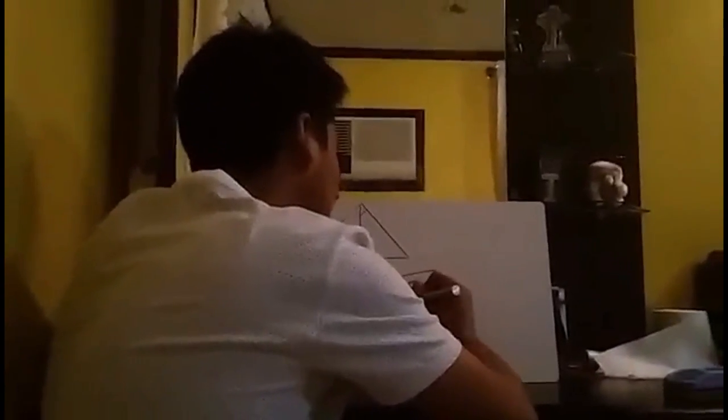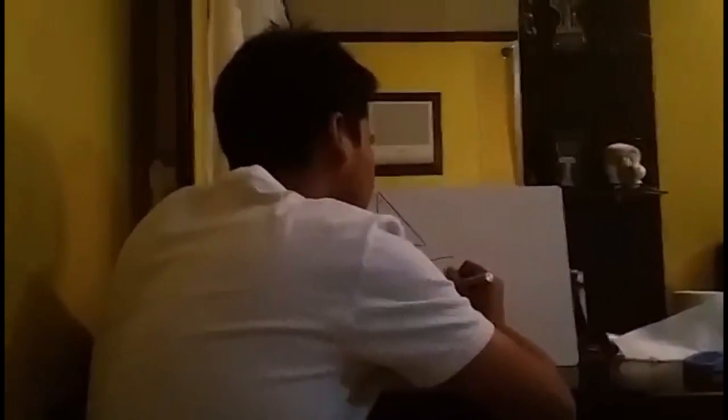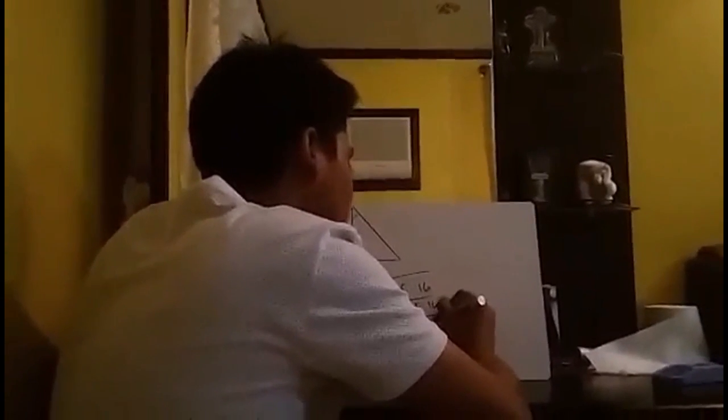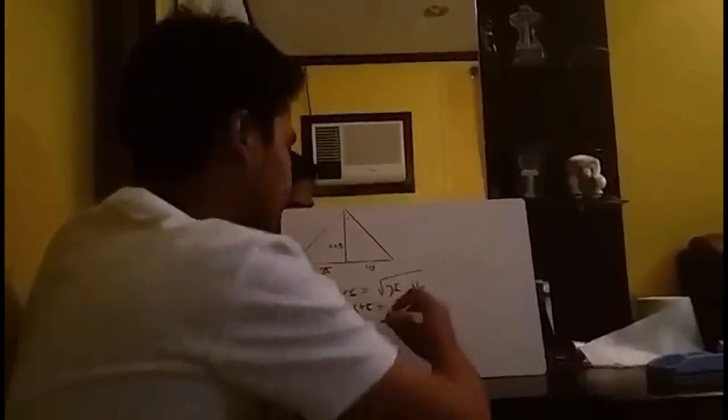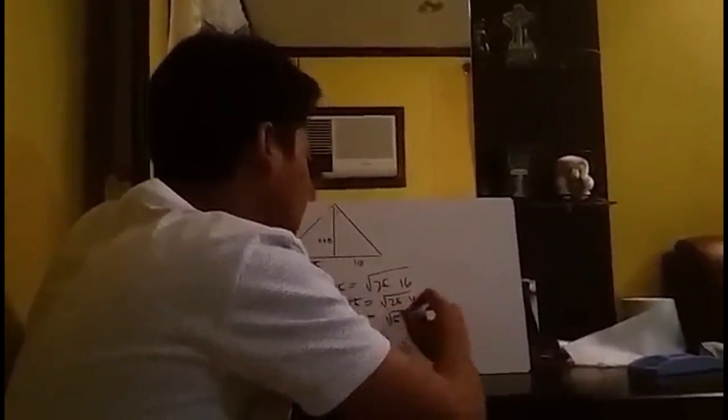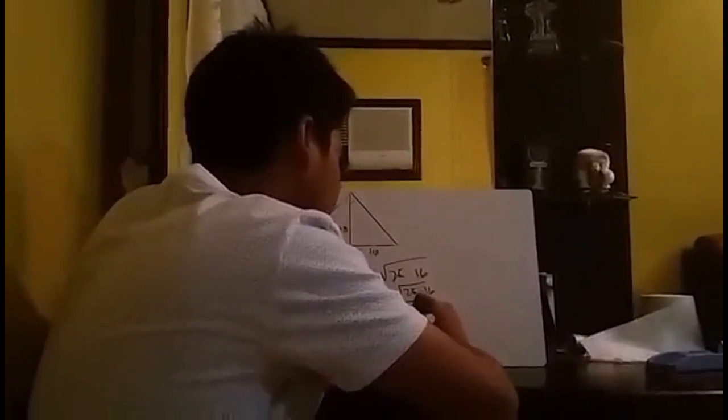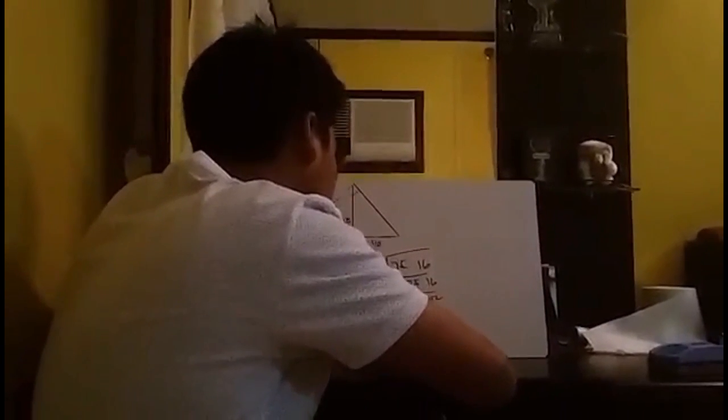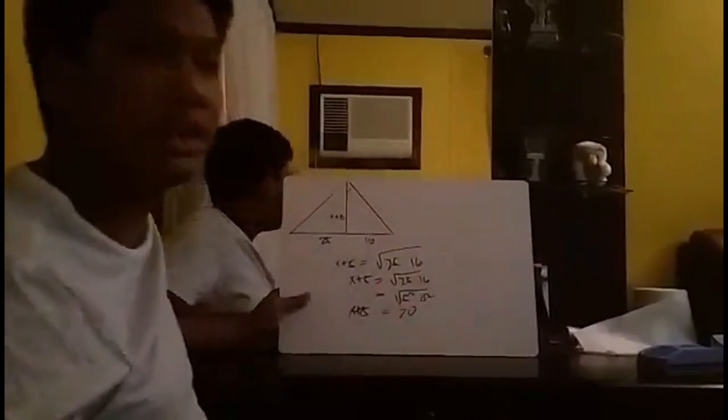X plus 5 is equal to the square root of 25 times 16, which is equal to 5 squared times 4 squared, which is equal to 20. So x plus 5 is equal to 20.